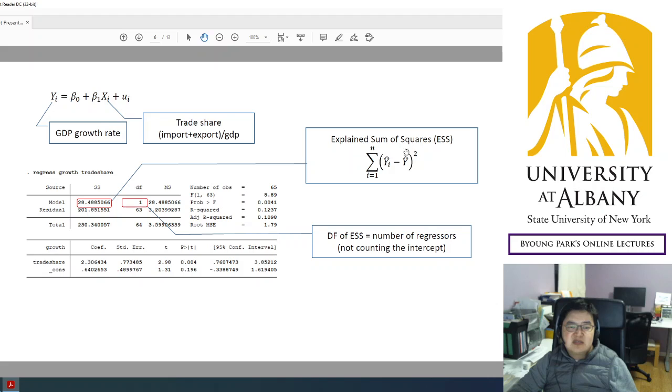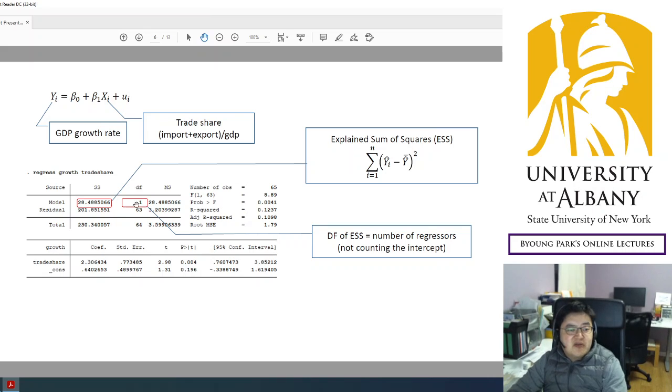So this is the explained sum of squares, which means how much you could explain using your predictor. ESS was the name used by our textbook, but Stata uses model sum of squares. They are basically the same thing.